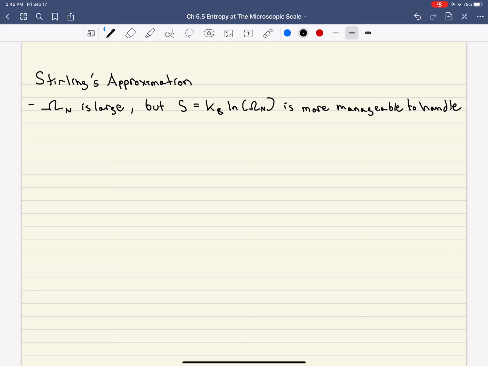From two videos ago, we developed this equation to describe the omega of an ideal gas, with V^N and U^(3N/2) of a monatomic ideal gas.